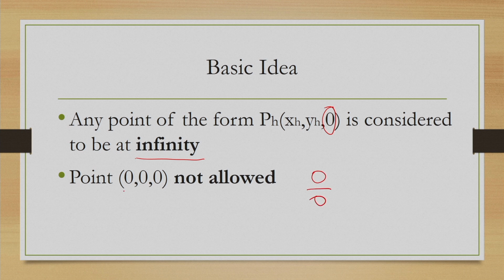So, we usually do not allow the origin point where everything is 0. So, these two things we should remember while dealing with the homogeneous coordinate system. First, if h becomes 0, then we consider that point to be at infinity, and there is no concept of origin in the homogeneous coordinate system.